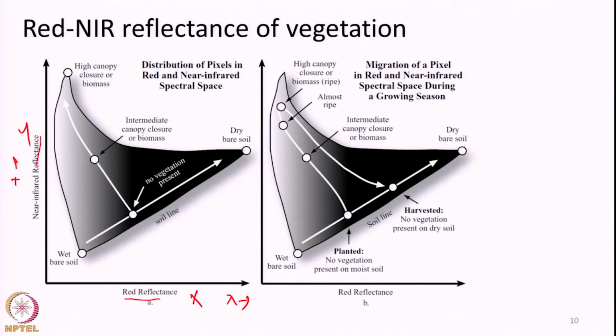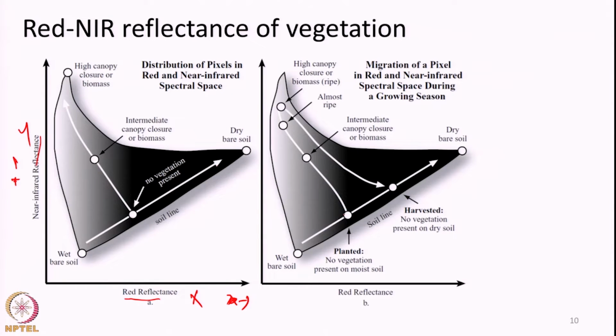So, essentially red reflectance and NIR reflectance will slightly increase like this. Okay, it will be like a linear line. High reflectance in red normally will have high reflectance in NIR and so on. But for vegetation, as vegetation grows to a bigger level, reflectance in NIR will be increasing and there will be strong absorption in the red portion, that is low reflectance in red, high reflectance in NIR.